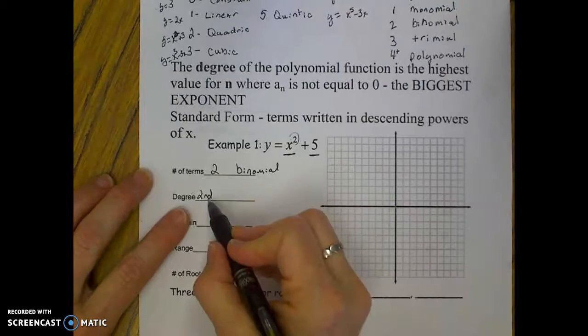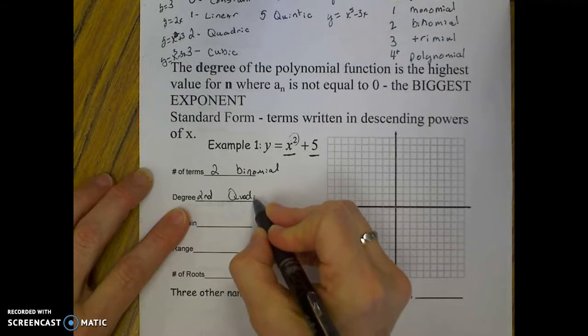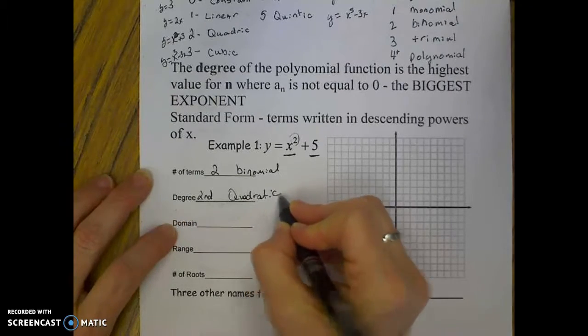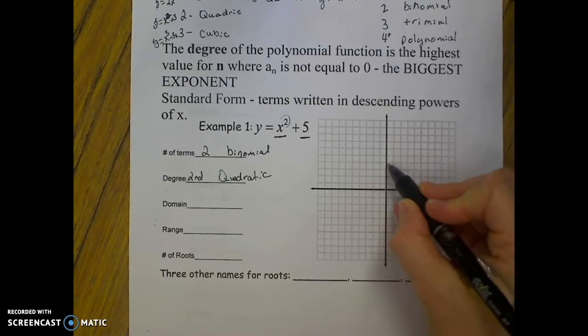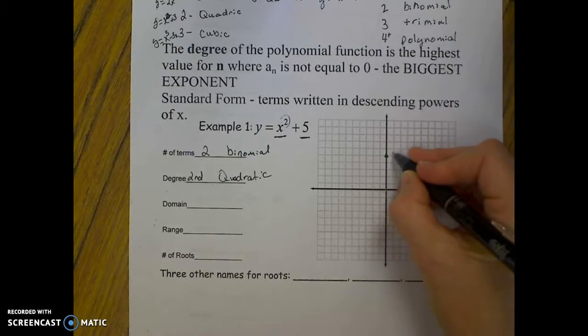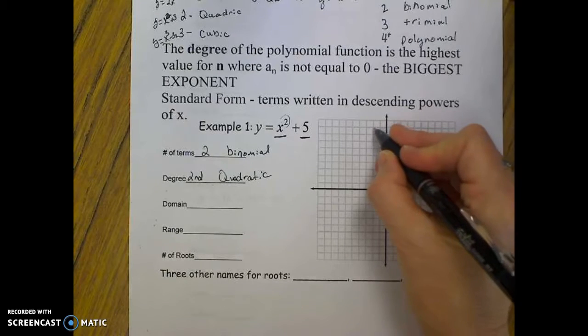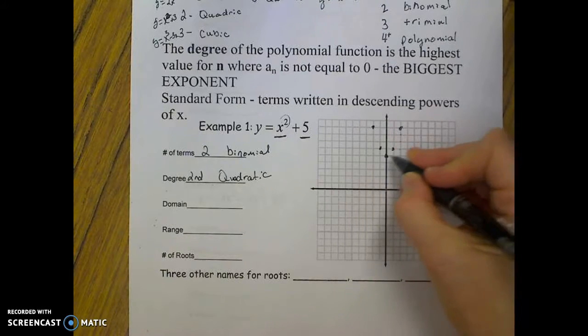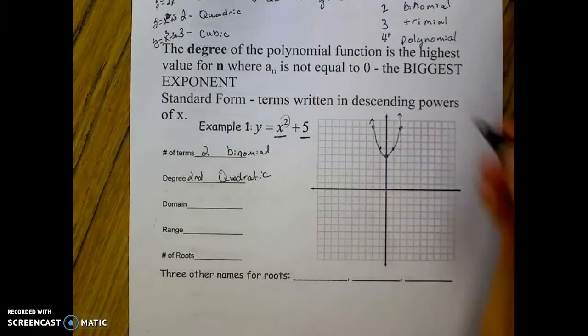All right? So we're going to ask you for degrees, but we also want you to tell the word. So since it's second degree, it is quadratic. It is a parabola, so we can go graph this. Those expectations are never going away. We know it does not have a stretch or a compression or a reflection, so we can find that pretty quickly.